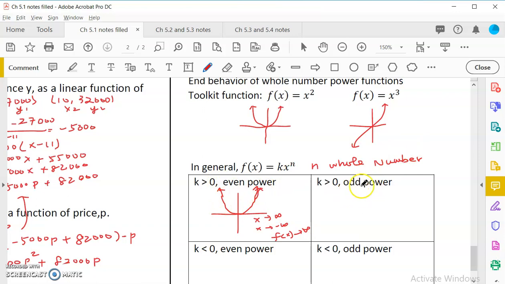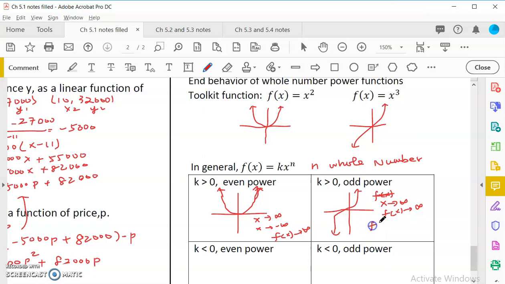But if it is an odd power, it would just look like x cubed. It's similar to it, except it is more flattened when x is approaching 0. It's still like that, except this is fatter. So when x approaches infinity, f of x also approaches infinity.